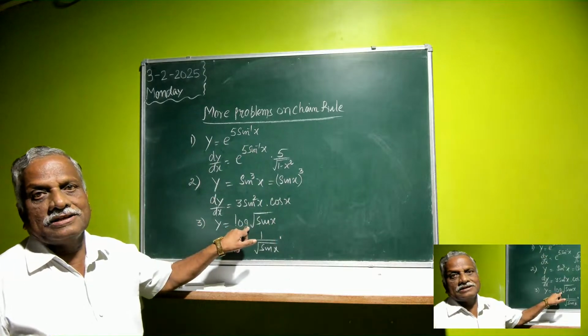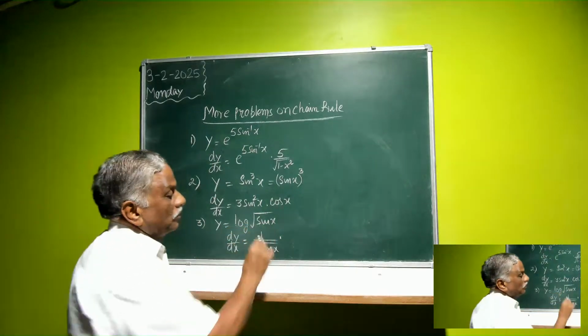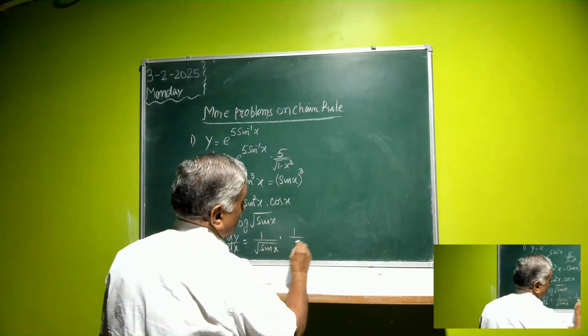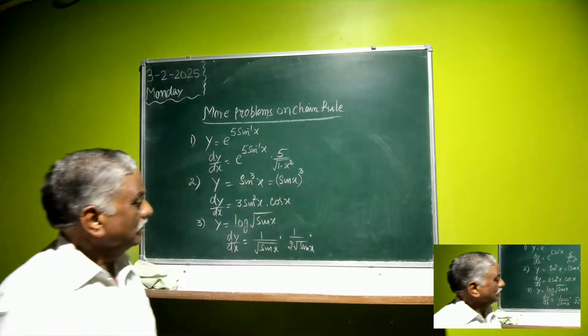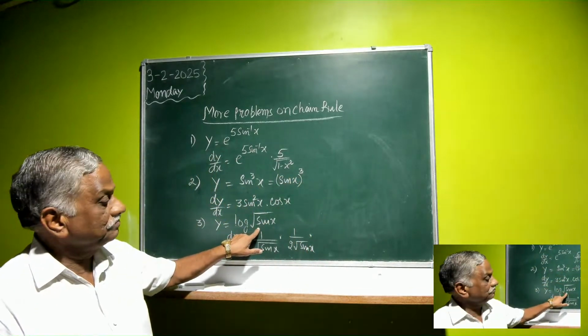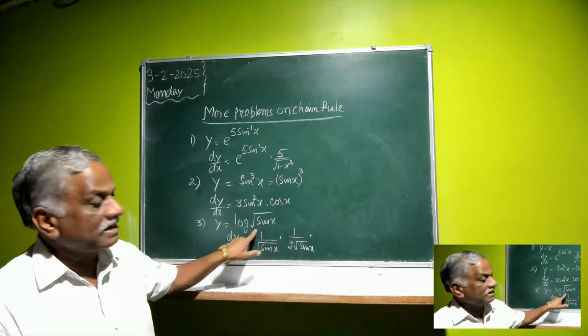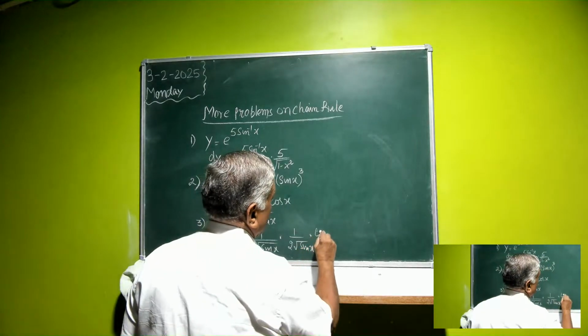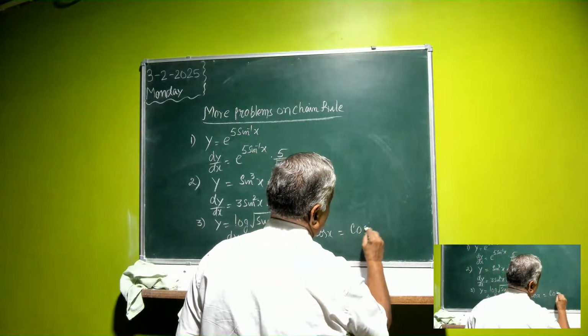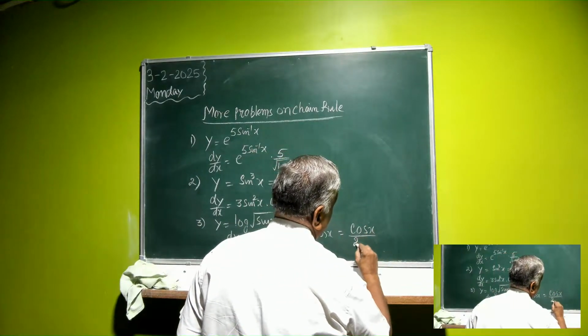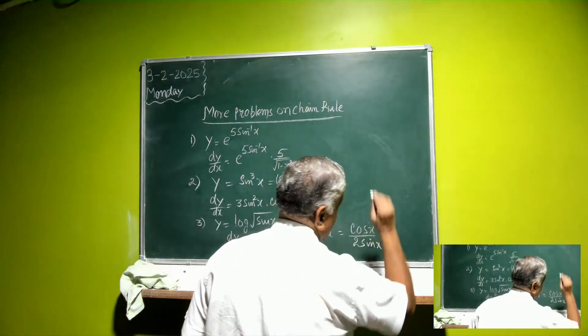Now the next, you have root. Differentiate root x, 1 over 2 root x. So 1 over 2 root sine x. Then if you differentiate sine x, that is cos x. If you simplify this, we get cos x over 2 sine x.